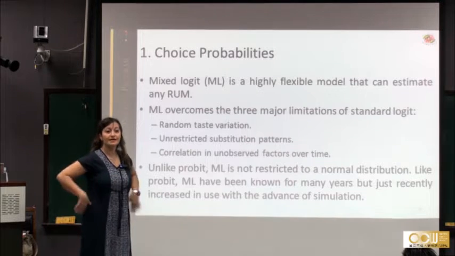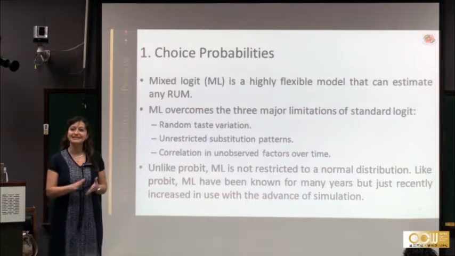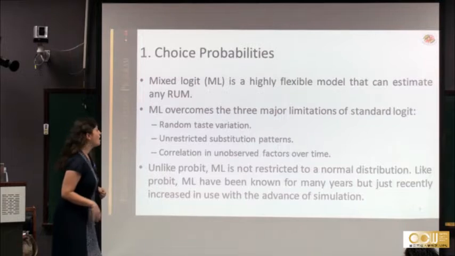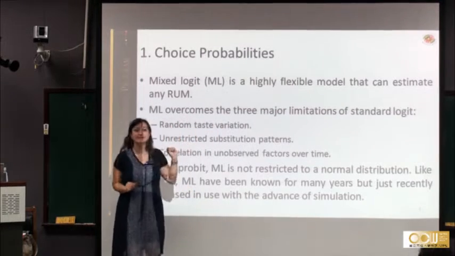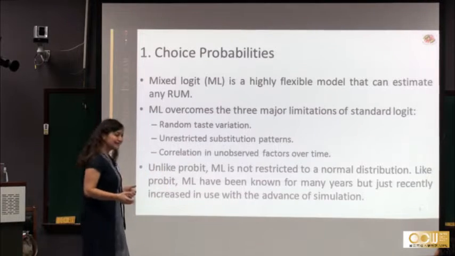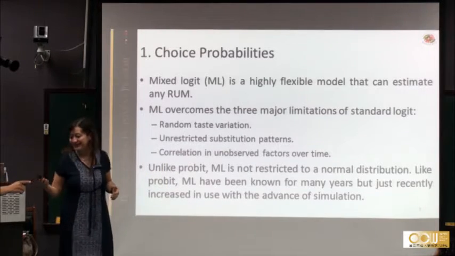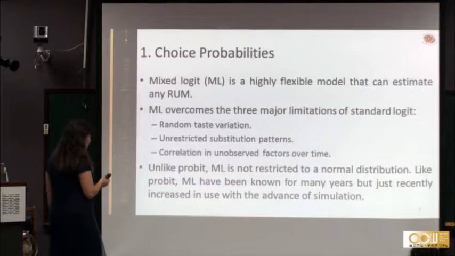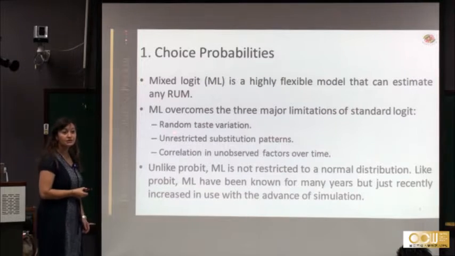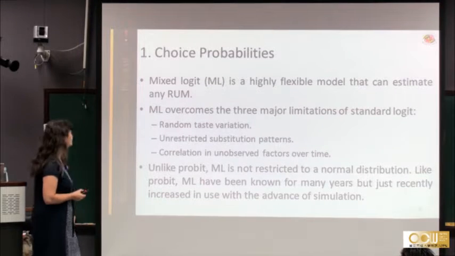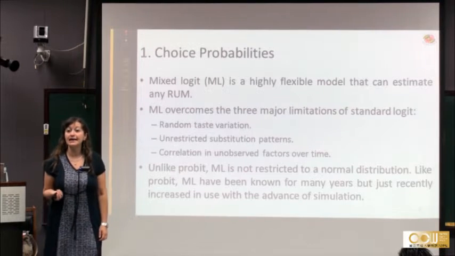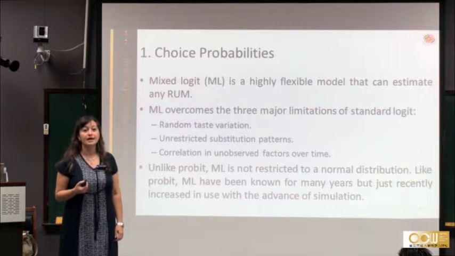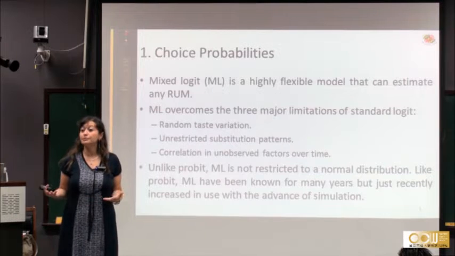So all this class has been built on the concept that we want to overcome the three major limitations of standard logit. So again, the three main limitations. The first is random taste variation. Mixed Logit can handle random taste variation, and actually is much more flexible than Probit because you can handle distributions different from normal.